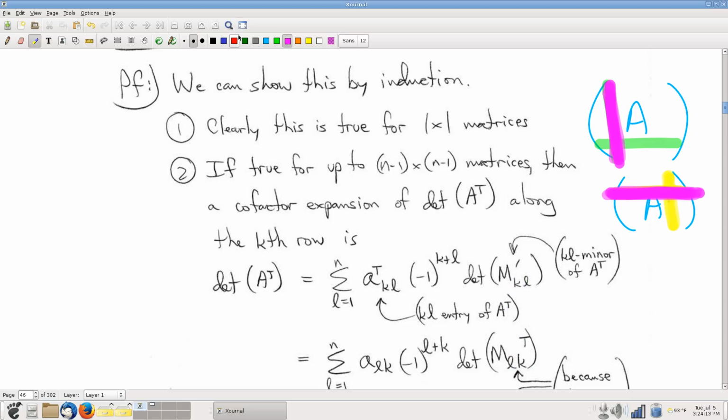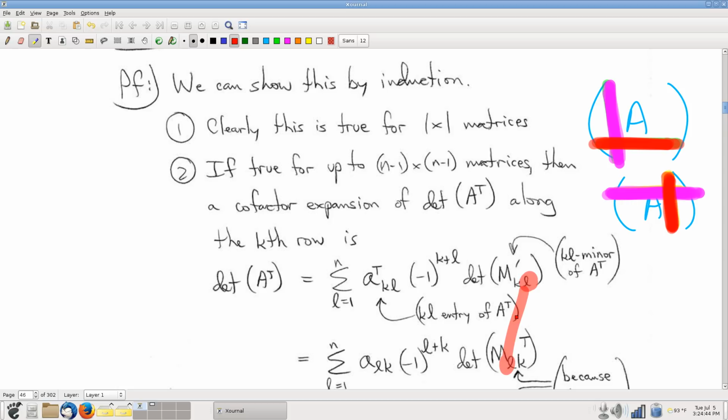Okay. Similarly, crossing out the lth row of the lth column of the transpose, crossing out that lth row, that lth column of the transpose. Well, the lth column of the transpose is exactly the lth row of the original matrix.